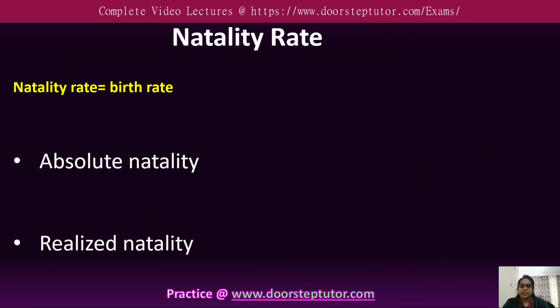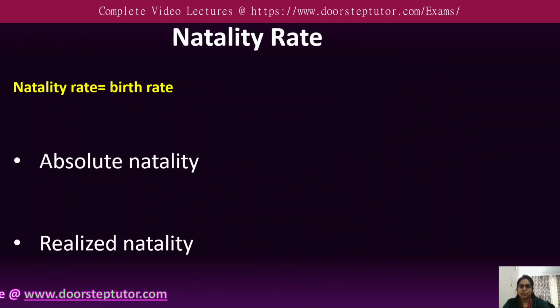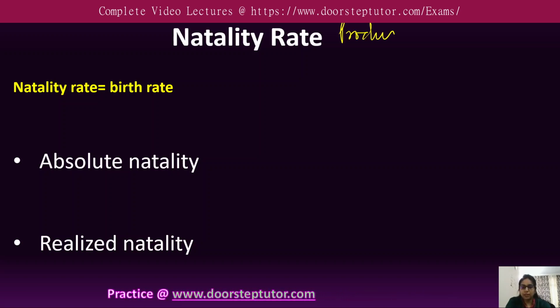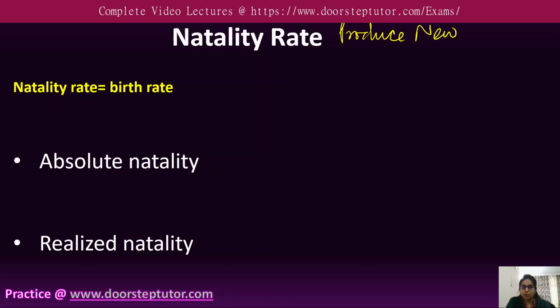The second characteristic is the natality rate. Natality rate means the ability of the individuals of a population, because a population always belongs to a group of individuals of the same species, to produce new individuals, or give birth to new individuals.